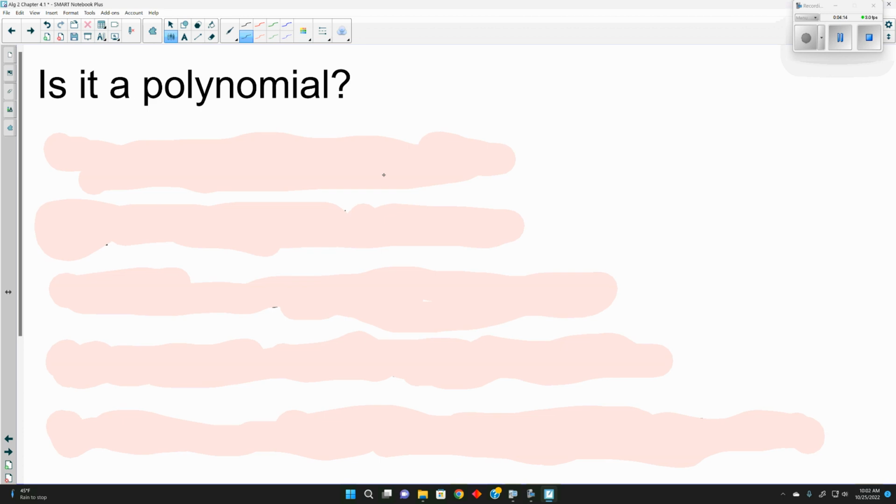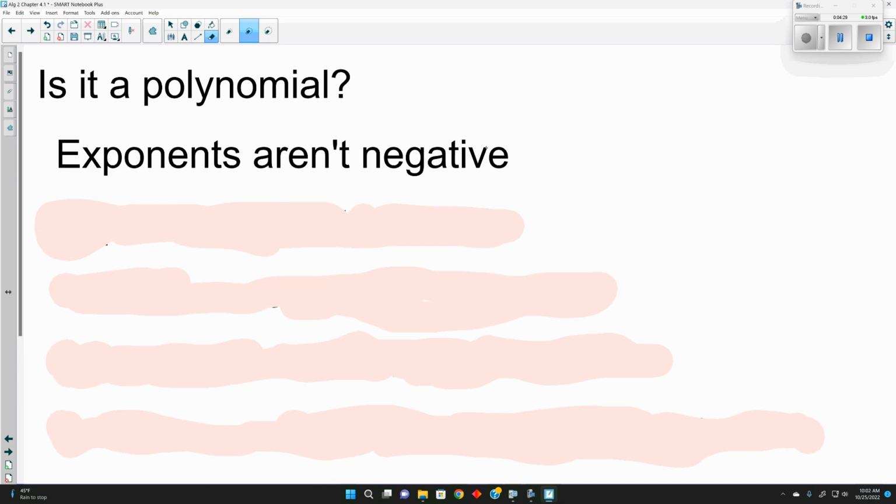Now, what do we define as a polynomial? Well, with this here, it's sometimes hard to define exactly what something is. It's easier to define what it is not. So the first thing we can say is that the exponents aren't negative. If it's a polynomial function, the exponents are not negative.